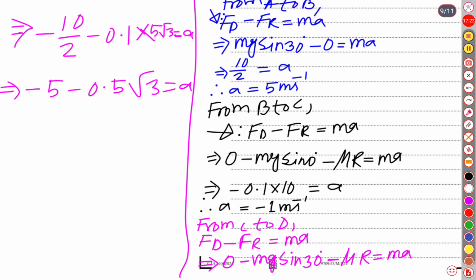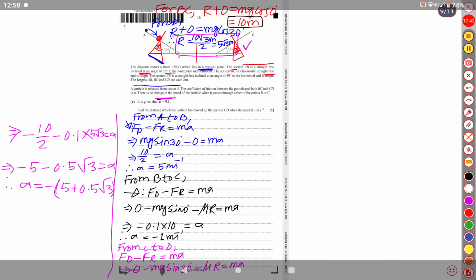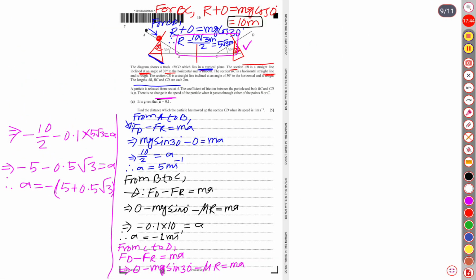Okay, so finally I have got that it is minus 5 plus 0.5 square root over 3. So this is the acceleration. So we have got three different accelerations at three different points. So first acceleration is, this is our first acceleration.